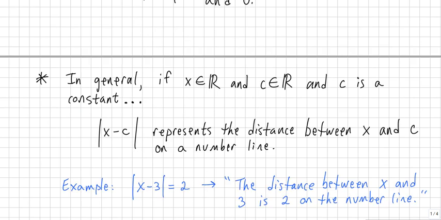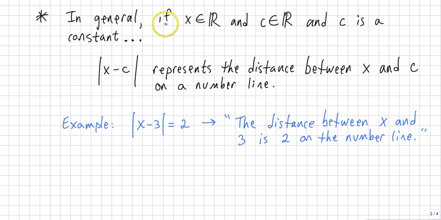So in general, if you've got a variable that is holding the place of a real number, and if you have a constant that's a real number, the absolute value of x minus c will represent the distance between the number x and the constant c on a number line.